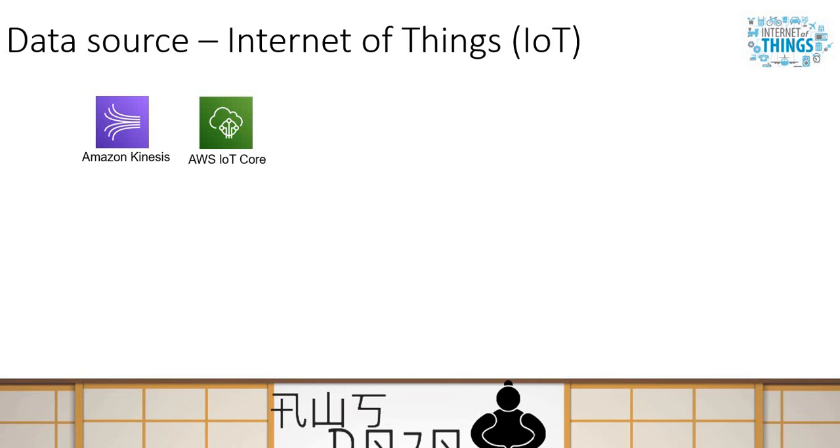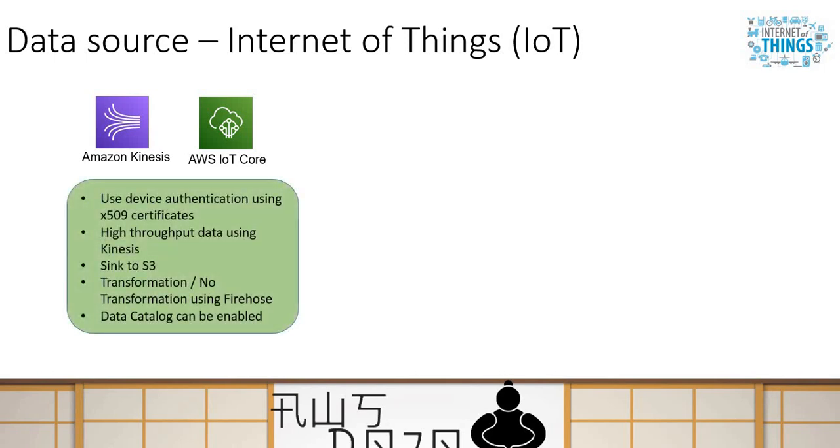And the next one is IoT, which is very similar to social media, because in this case also your devices are using X509 certificates for authentication, and then they are sending high throughput of data to you, because that is the IoT use case. They send you high volume and high throughput of data, and the rest of the thing looks similar.